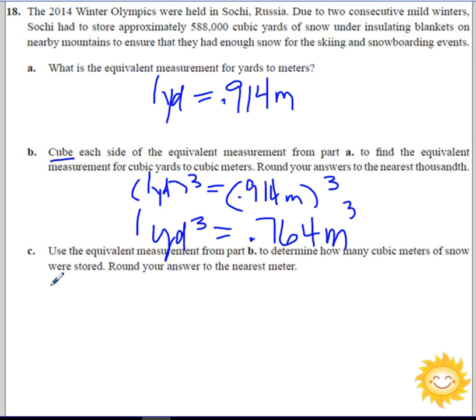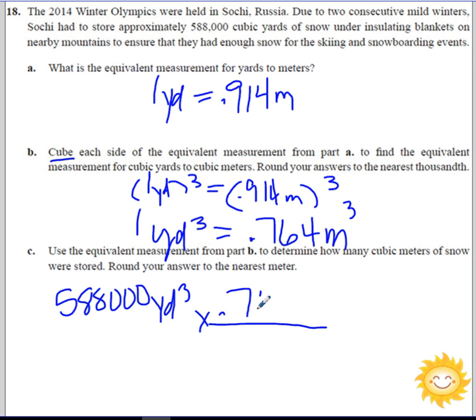And so our problem gave us 588,000 cubic yards of snow, and we're multiplying it by 0.764 cubic meters over 1 cubic yard.